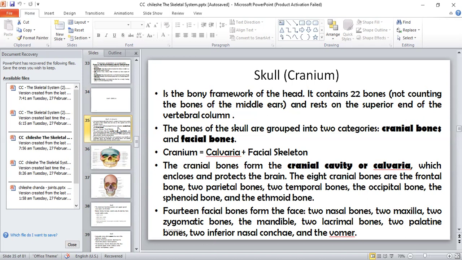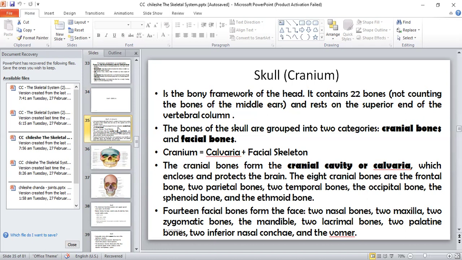On the other hand, we have the other part of the skeleton, which is the appendicular skeleton. The appendicular skeleton is made up of bones of the limbs, the upper limb as well as the lower limb. So those are the two parts of the skeleton.